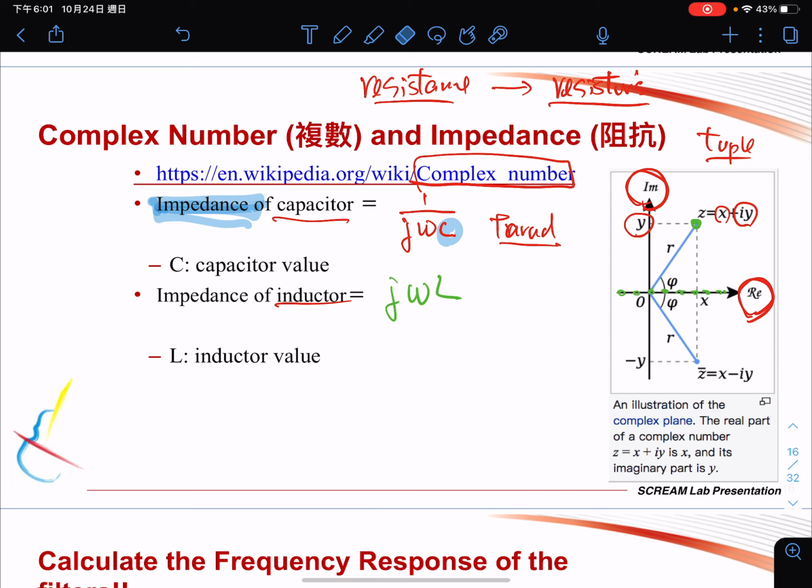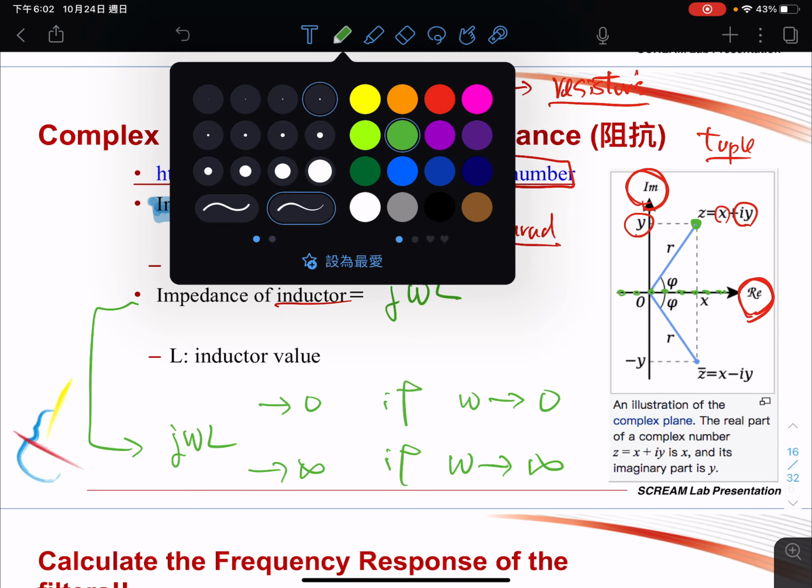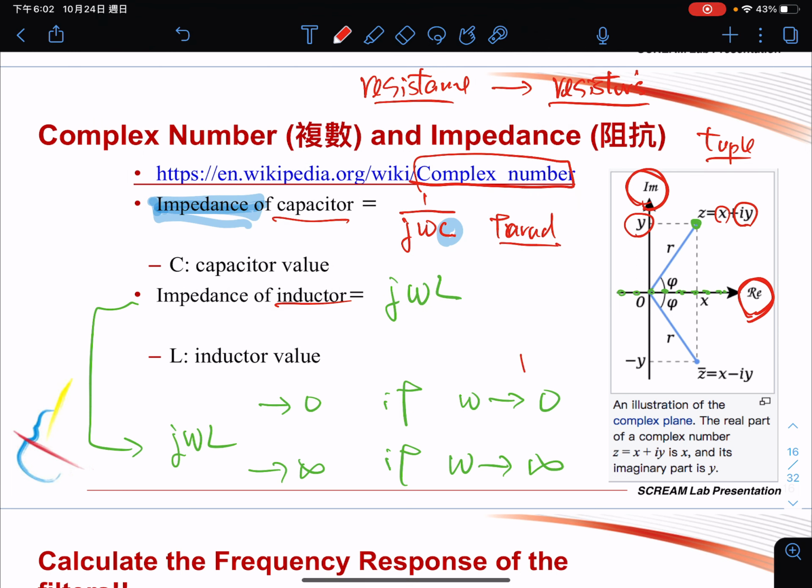This one will go to 0 if omega goes to 0, and goes to infinity if omega goes to infinity. So that means in DC conditions, the inductor acts like a short circuit.